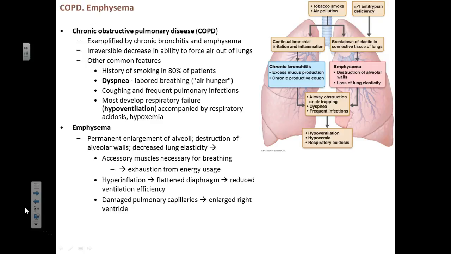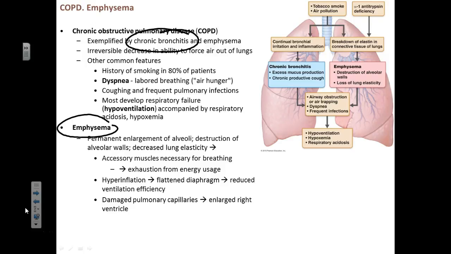Now, the pathologies of the respiratory system include, most common, chronic obstructive pulmonary disease, COPD, and emphysema. So COPD is pretty much, emphysema is a type of COPD, okay? A very common disease is chronic bronchitis.